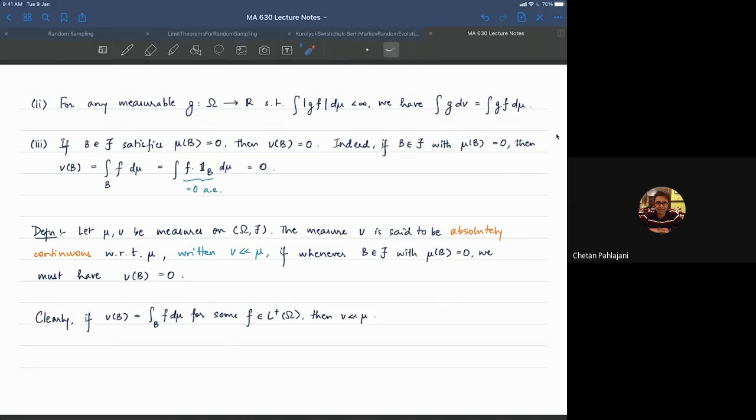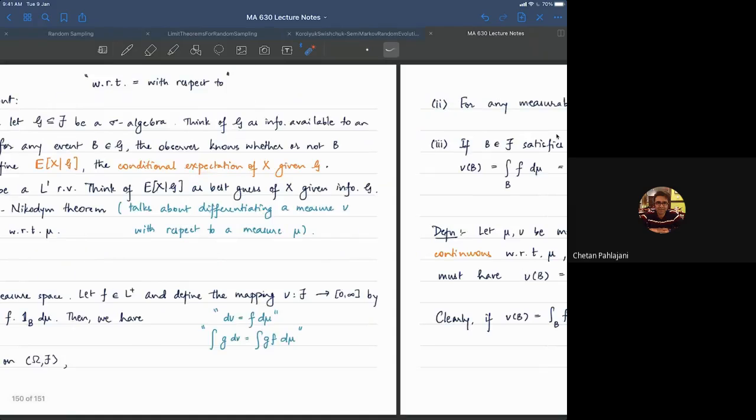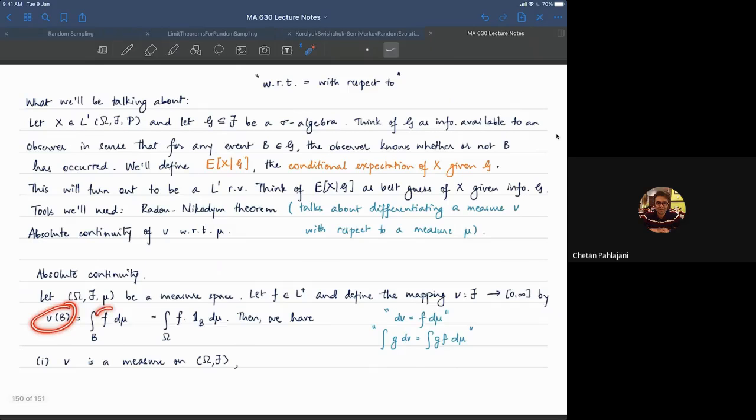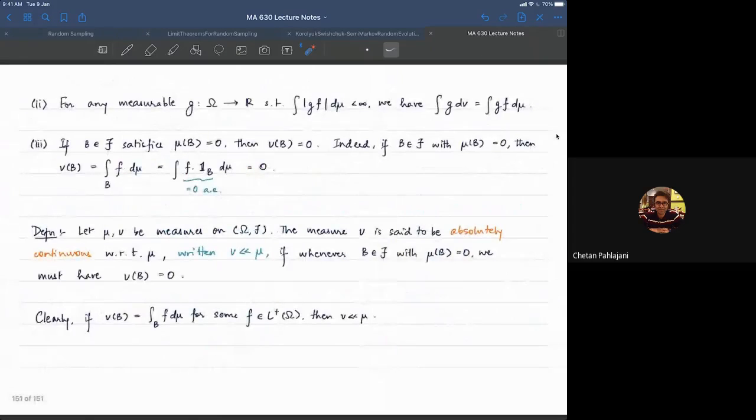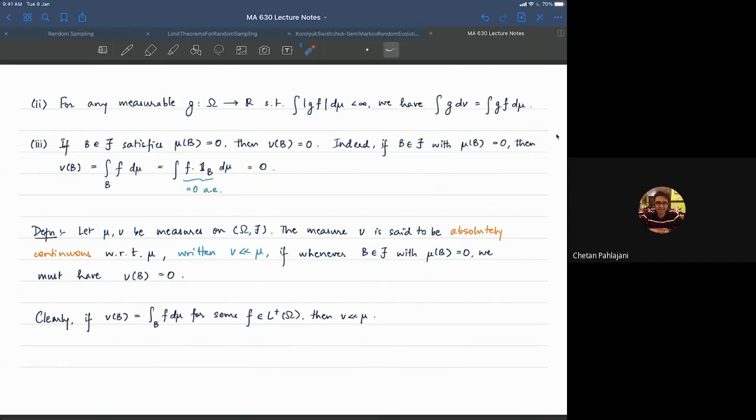I've already written it down. It's right here. Because we saw that if nu can be written as the integral of f with respect to some measure mu, then you have a guarantee that if I have a measurable set with mu measure 0, then the nu measure is 0. So basically number 3 here is saying exactly this. If nu of B happens to be obtainable in the form integral over B of f d mu for some f, then nu is absolutely continuous with respect to mu.